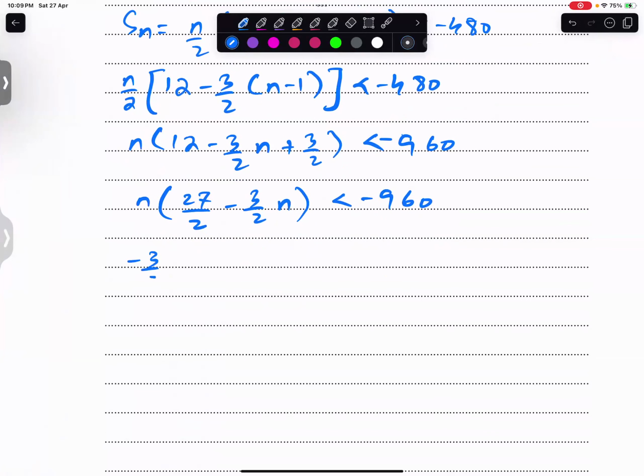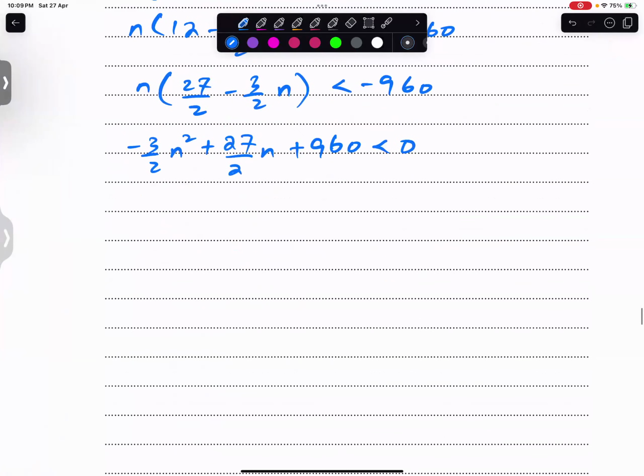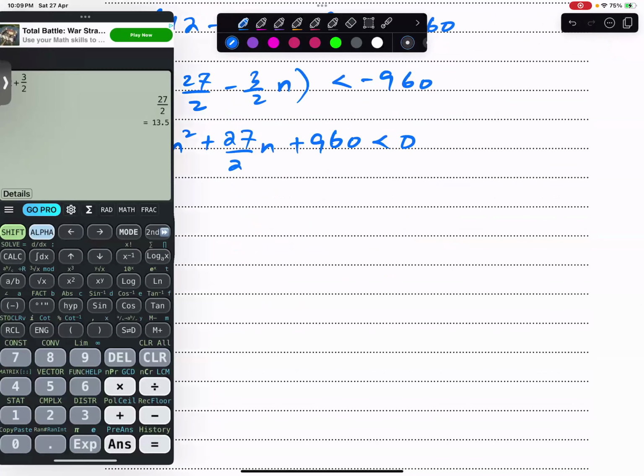So minus 3/2 n squared plus 27/2 n plus 960 less than 0. Or you can multiply it with 2 to avoid fractions.